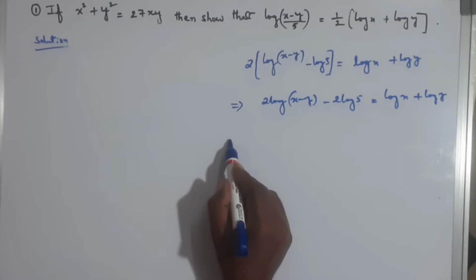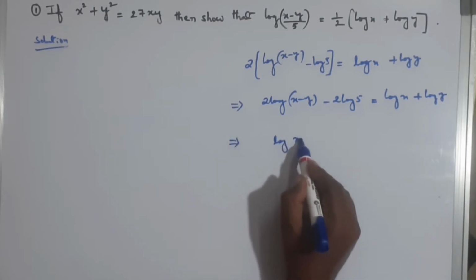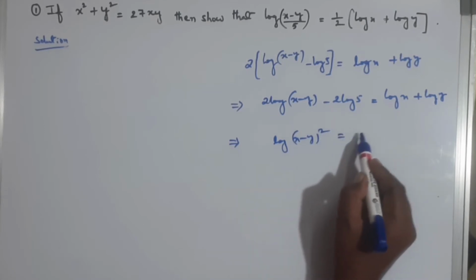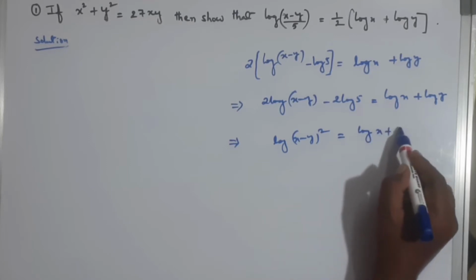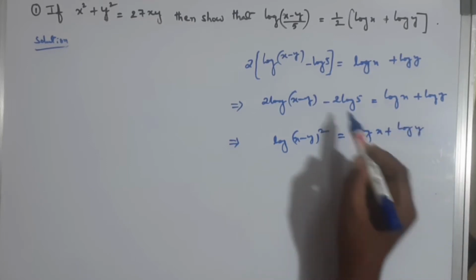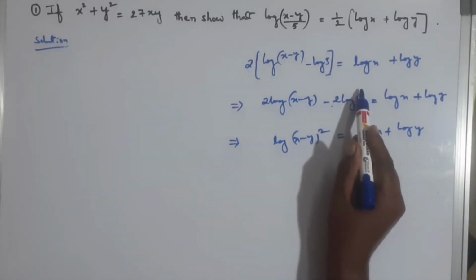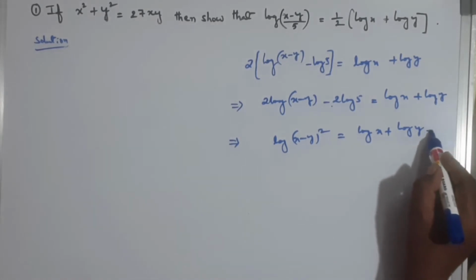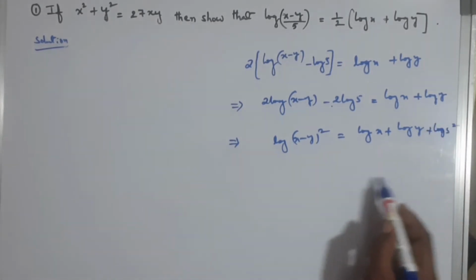Let me take one more step. Log of (x minus y) whole square equals log of x plus log of y. This 2 log 5, I can write 5 square. Then this minus becomes plus when transferred to this side, plus log 5 square.